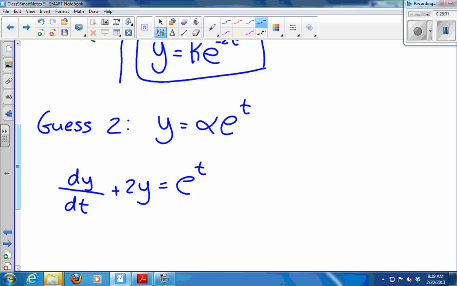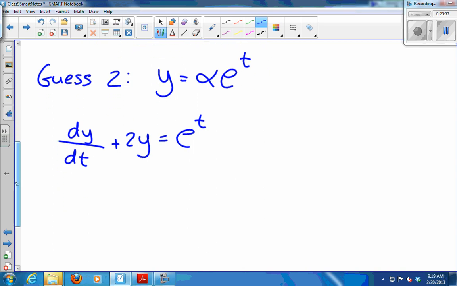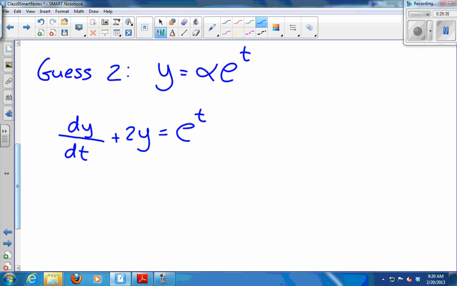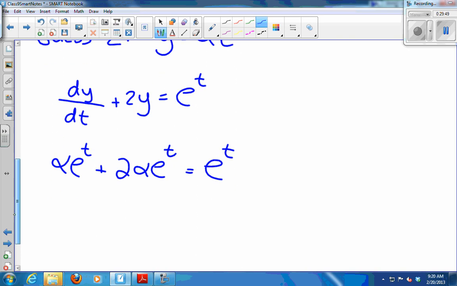So dy dt, if y is alpha e to the t, what's dy dt? Alpha e to the t. Plus 2y, so 2 alpha e to the t. I need that to equal e to the t. Yep.